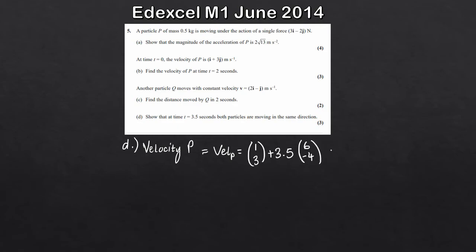So if you plug this into your calculator, what you're going to get here is 22i and minus 11j. That's 22i minus 11j.